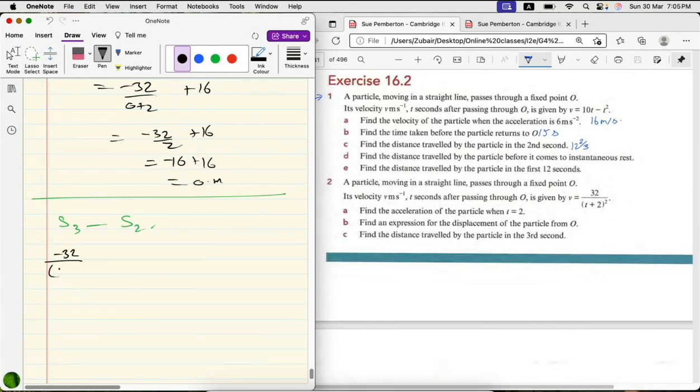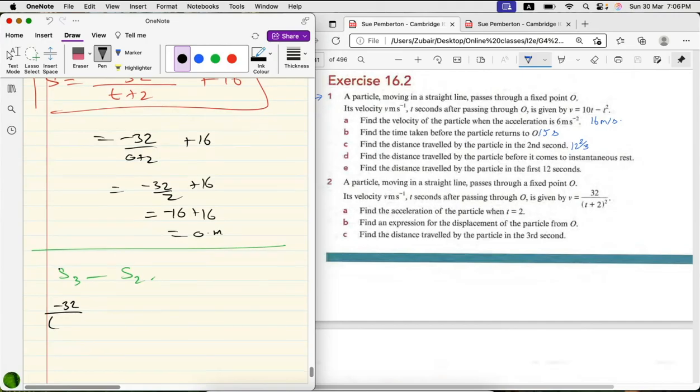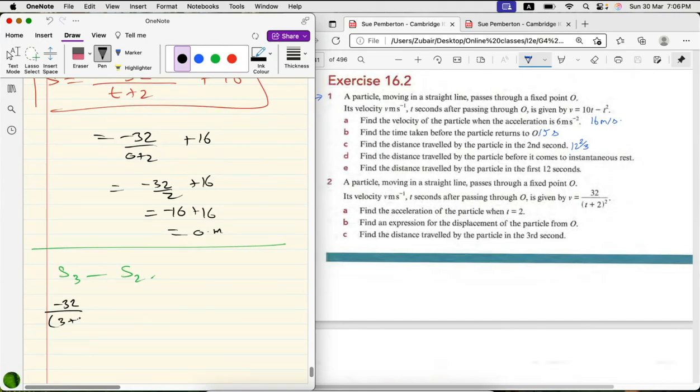Minus 32 over (t plus 2), with t equal to 3, 3 plus 2, plus 16, minus minus 32 over (2 plus 2) plus 16.